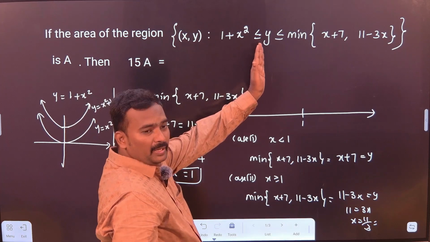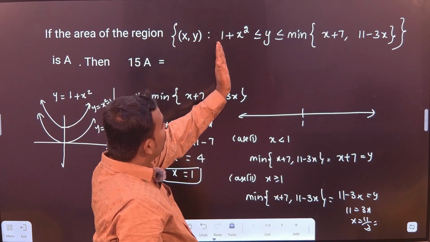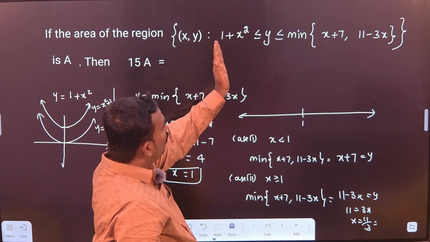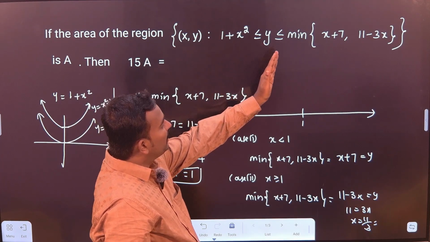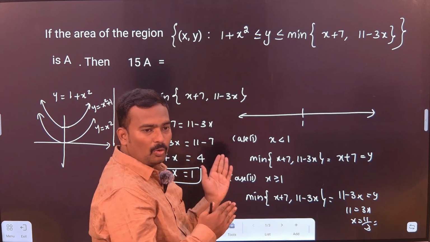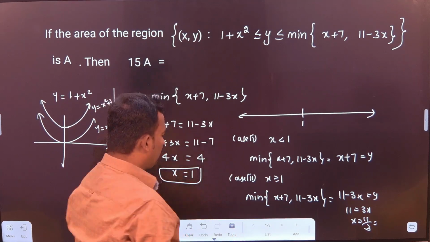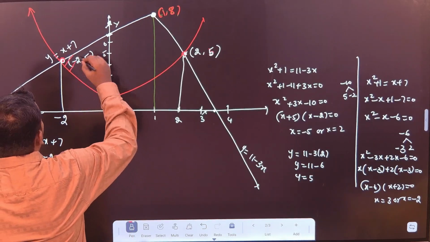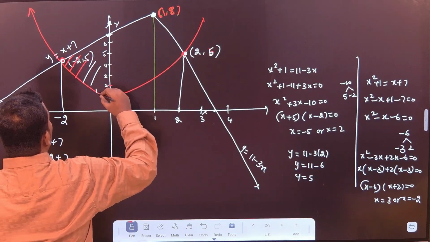The y should be 1 plus x square. So y is more than this, and y should be less than or equal to the minimum of this function. Below that minimum or more than the x square plus 1 graph, right?